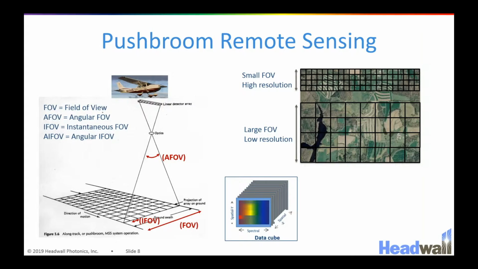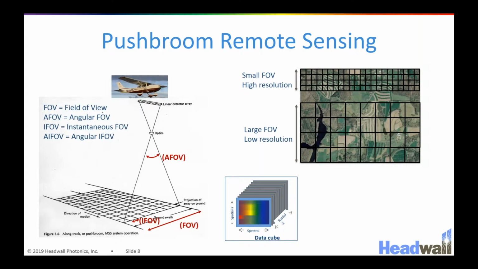Another thing that I like to mention to everybody, and this is the case for any imaging system, any sort of remote sensing system, there will always be a trade-off between resolution and your field of view. So we have 640 spatial pixels, say in our standard camera. So you can divide your scene into 640 different little bins.